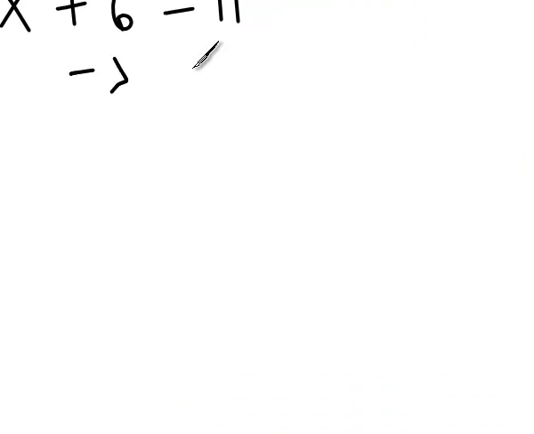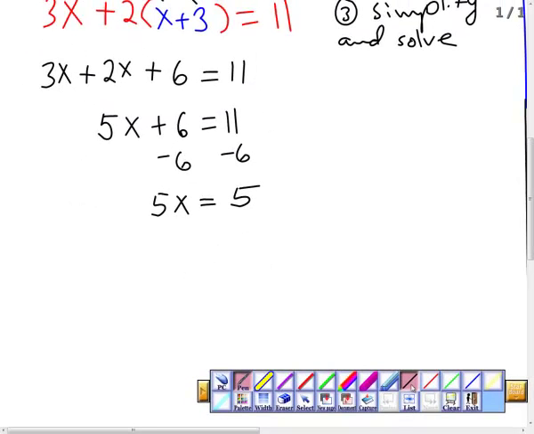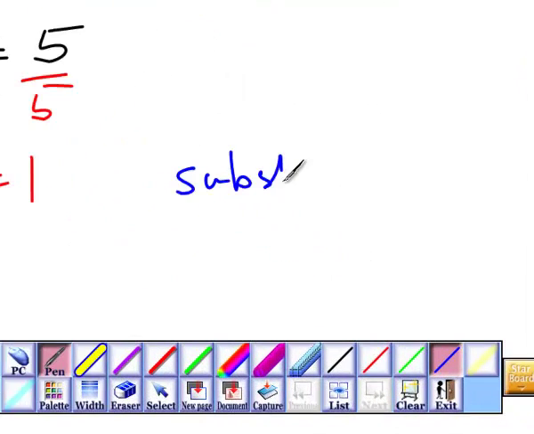Minus 6. And we get 5x equals 5. And divide by 5, and we get x equals 1. Okay, now we're not finished here, because at this point we've solved for x, but now we have to substitute.